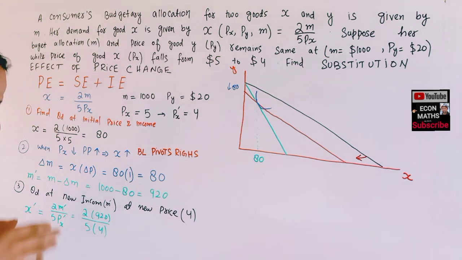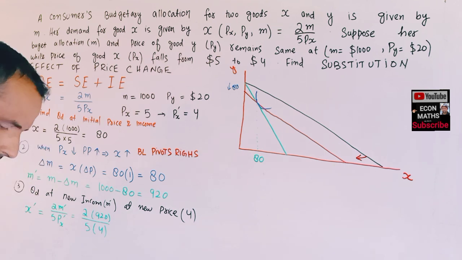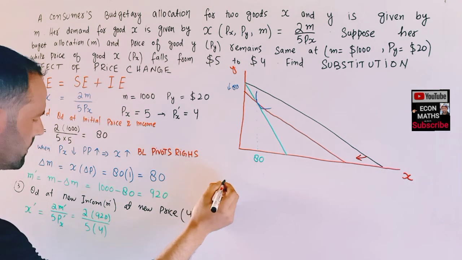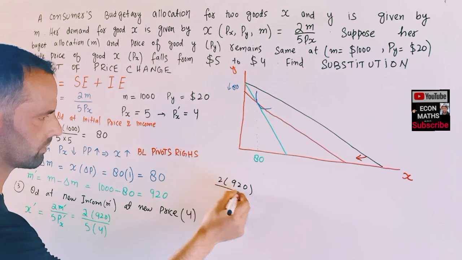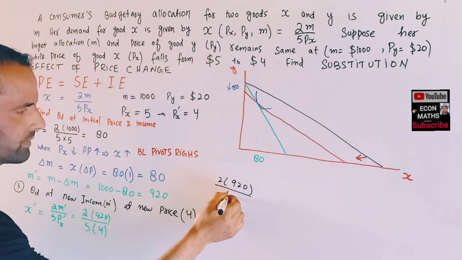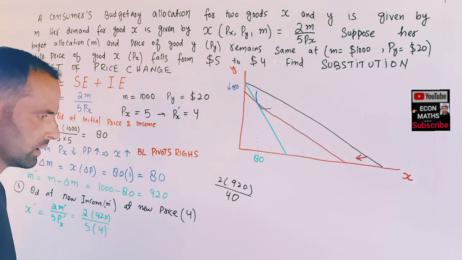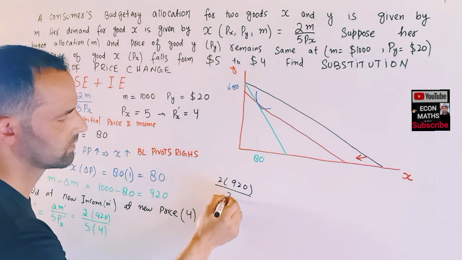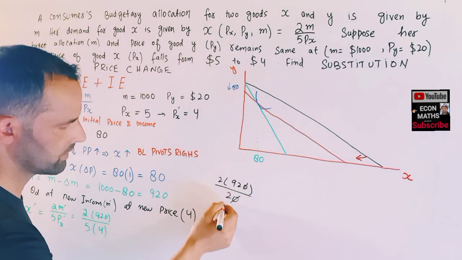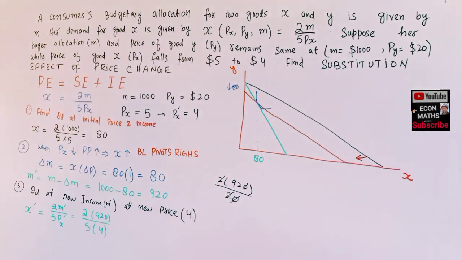Let me show it here. It becomes 2 into, sorry for this, I have limited infrastructure here. So 5 fours are 20, this 0 gets cancelled, this 2 gets cancelled, so it reduces to 92.